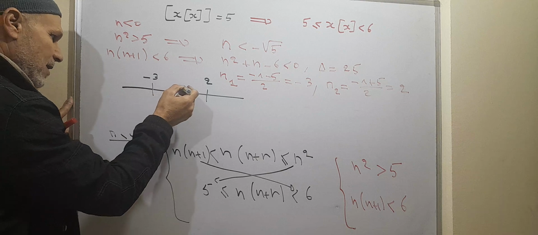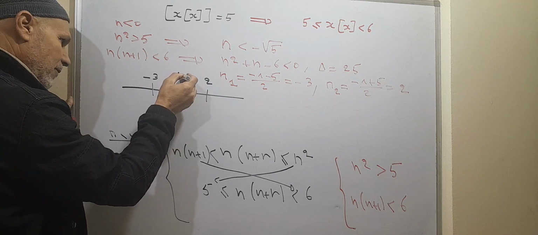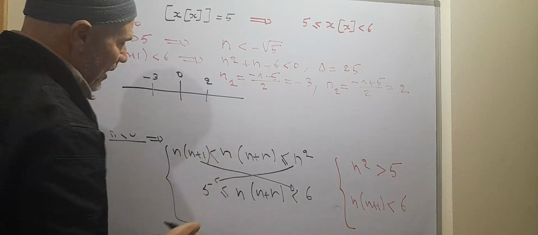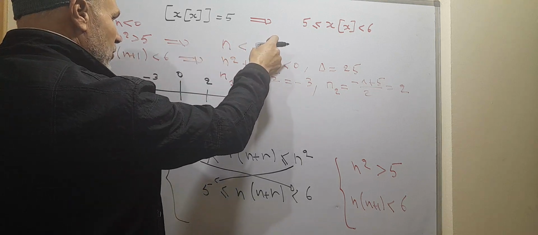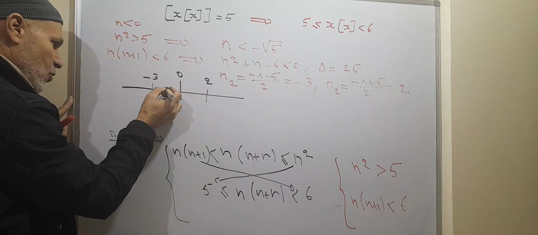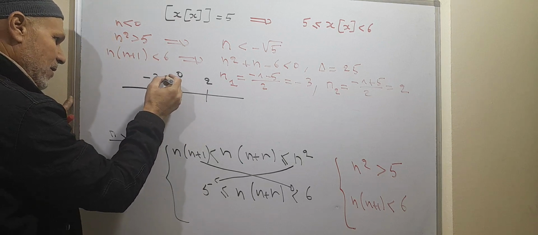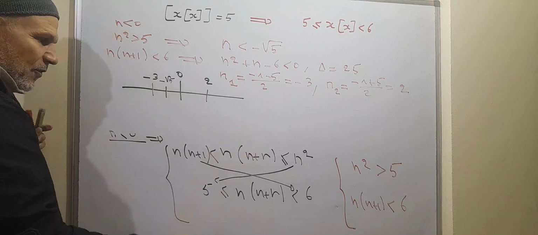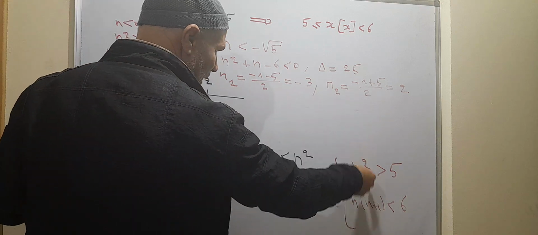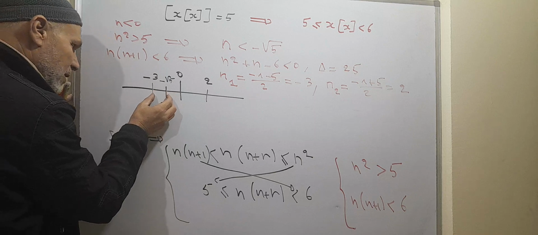We suppose that n is negative, so we start just from 0, and minus the square root of 5. The square root of 5 is here, minus the square root of 5, and what verifies both of the inequalities must belong here.